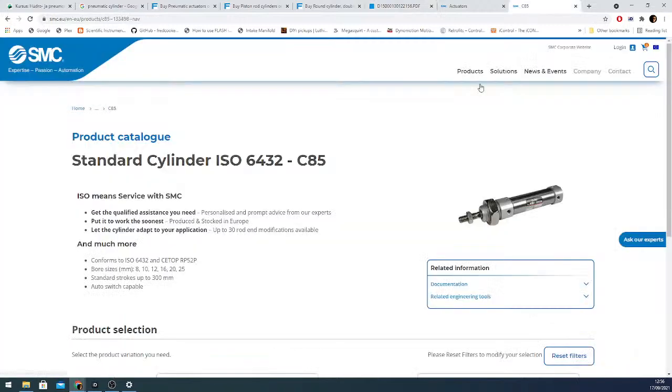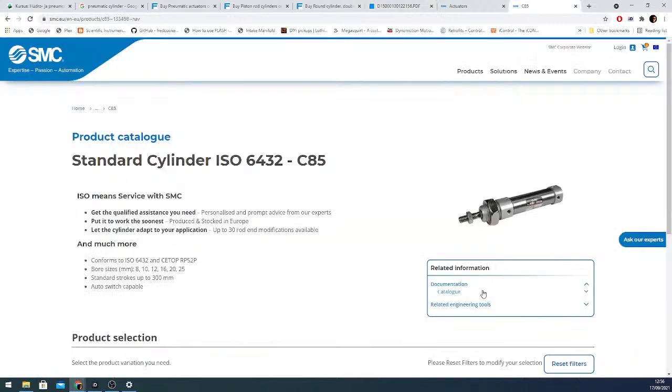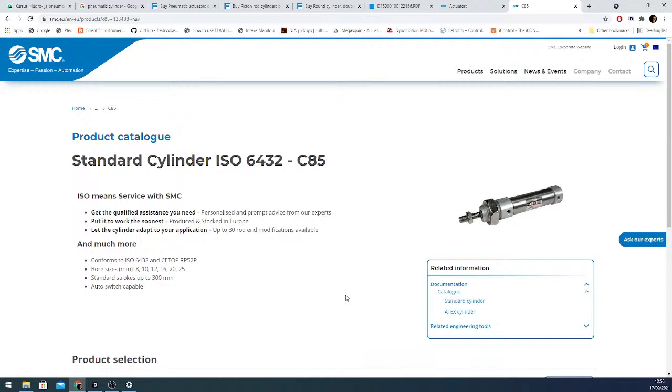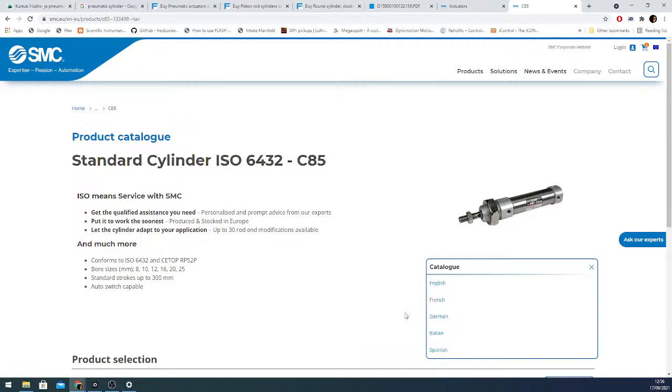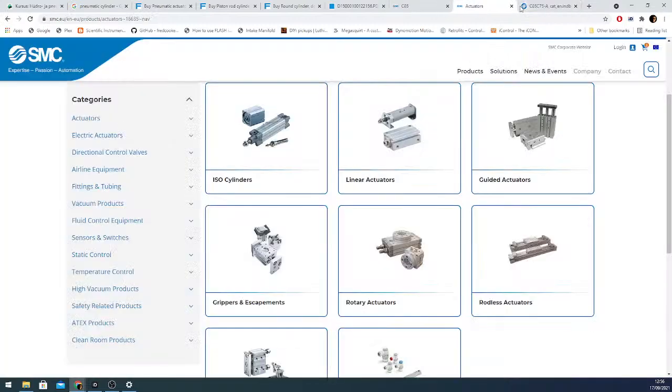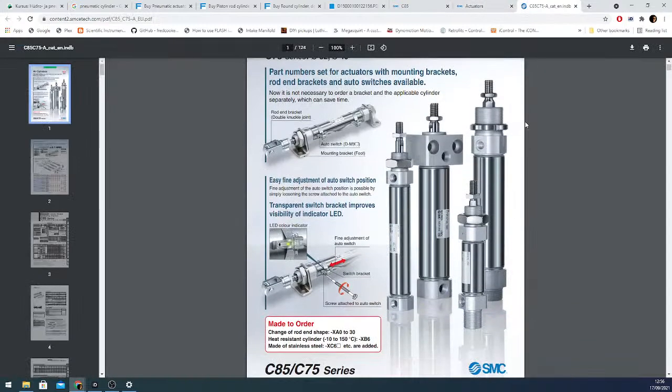Festo catalog, and hopefully we can get some documentation from SMC too. Standard cylinder, English. Okay, alright. So we have found catalogs for Festo and SMC.